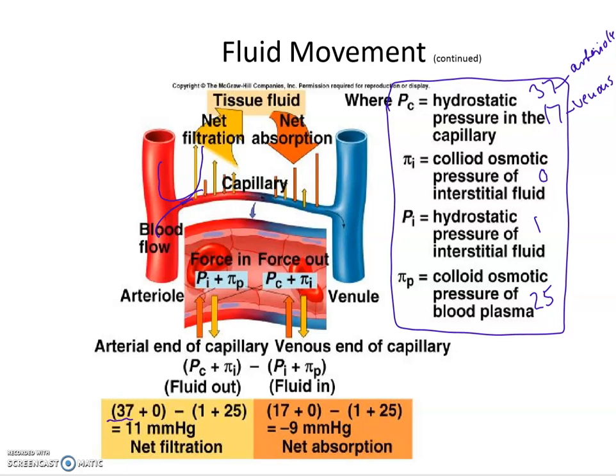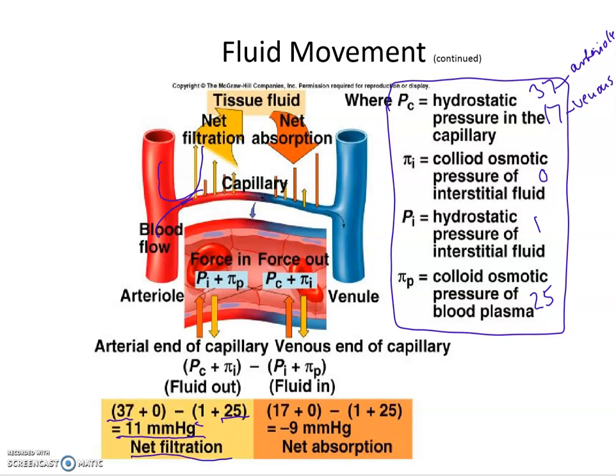Then we need to subtract any inward forces, and that would be the hydrostatic pressure of the interstitial fluid and the colloid osmotic pressure of the blood plasma. At the end, we're going to have a net filtration pressure of 11 millimeters of mercury.